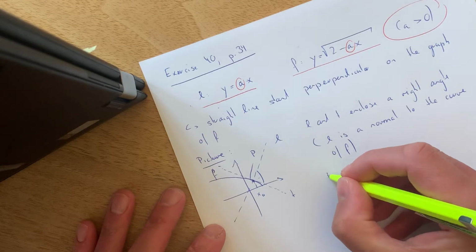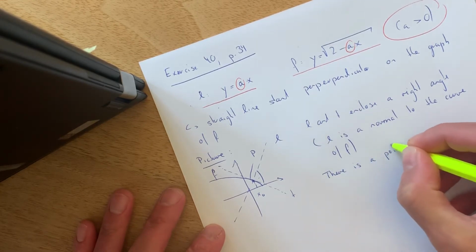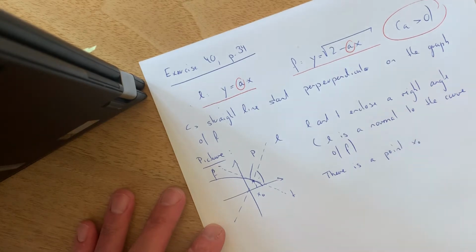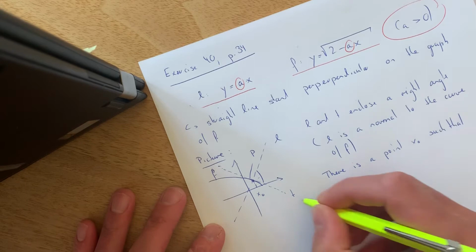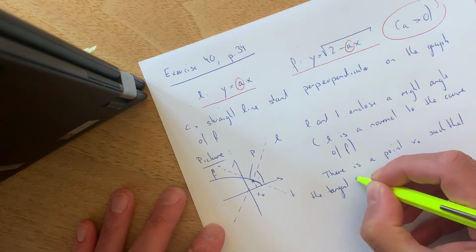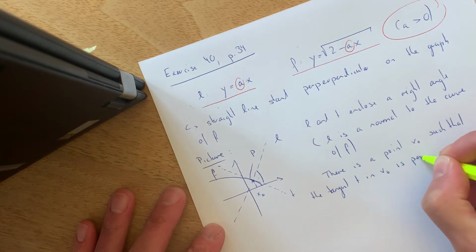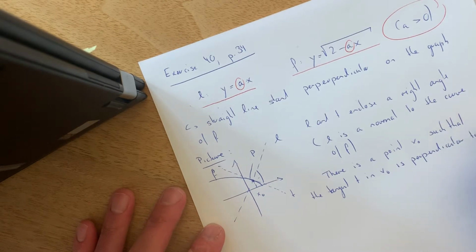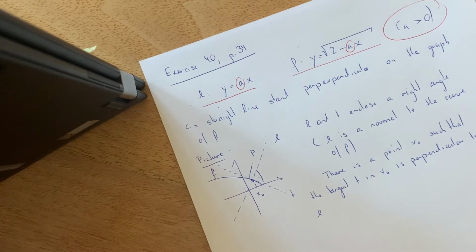There's a point x0 such that the tangent t in x0 is perpendicular to L. Okay, so that's the thing.